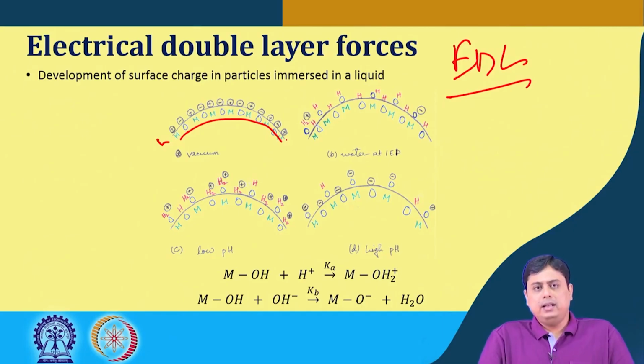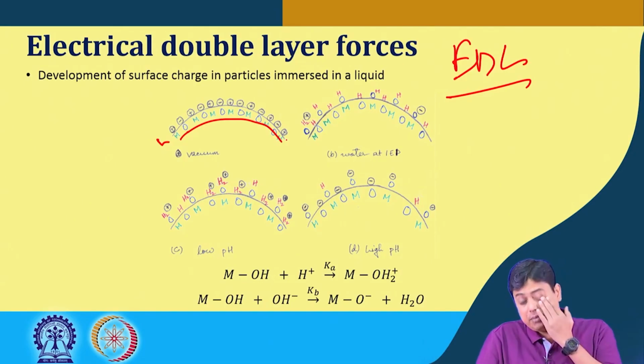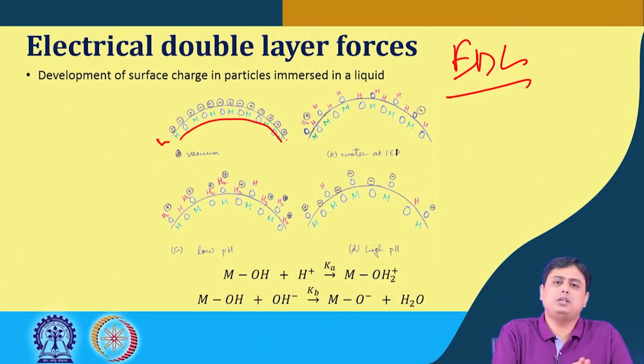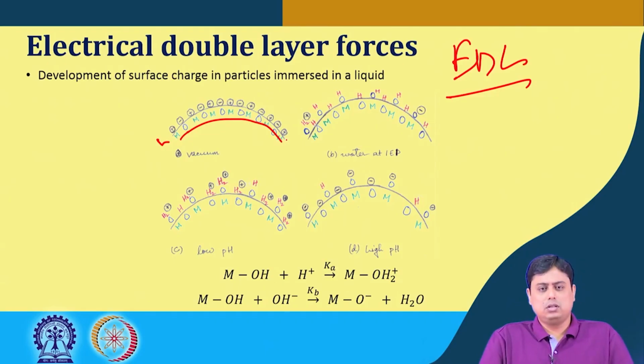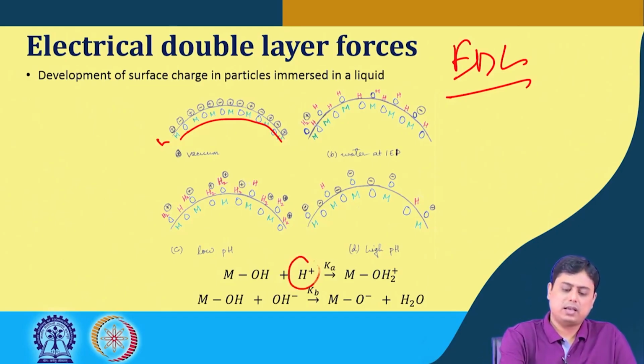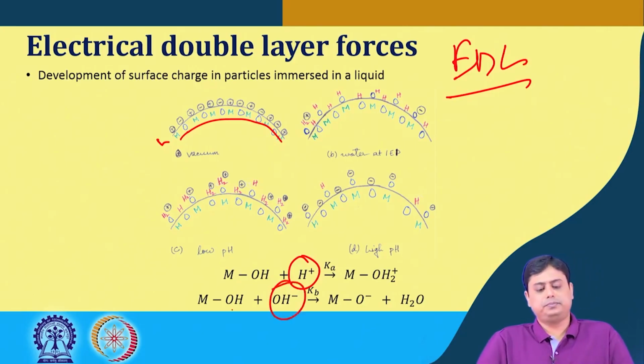And then these metal hydroxyl groups, depending on the pH of the solution, which means higher pH means alkaline solution, lower pH means acidic solution, will further react with the H plus ion or the OH minus ion.